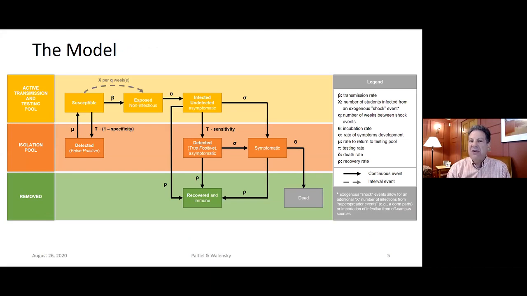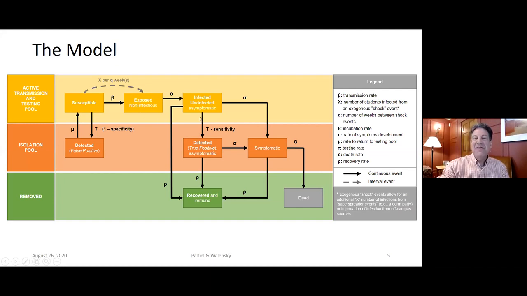The model underlying this analysis is a pretty straightforward, standard EPI 101 SEIR model. I'm going to assume that everyone here knows what that means, but please feel free to interrupt or send notes to the chat box if you'd like more. But basically, there is a susceptible population, an exposed population, sorry.